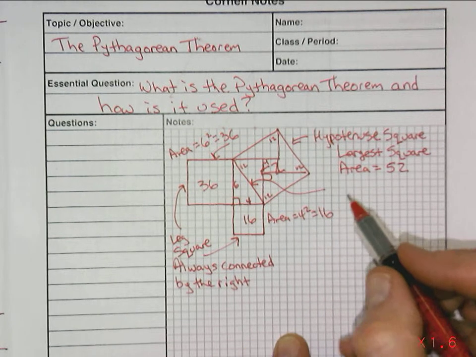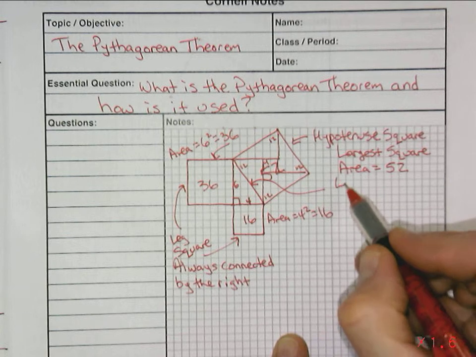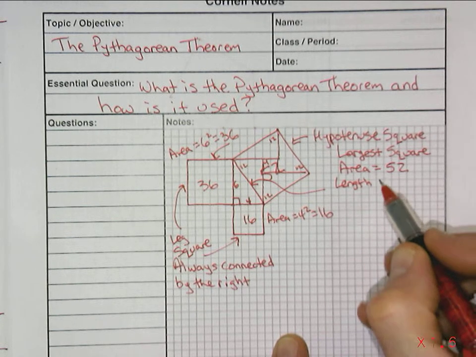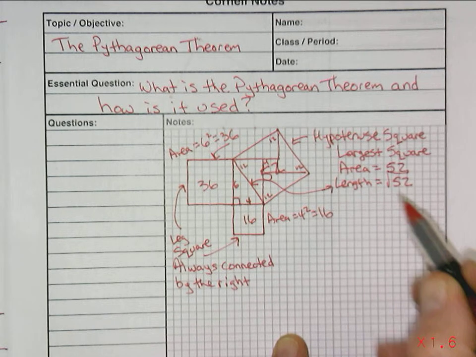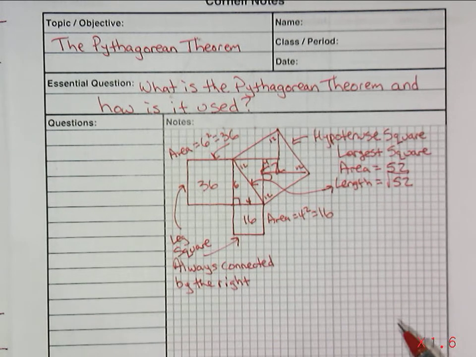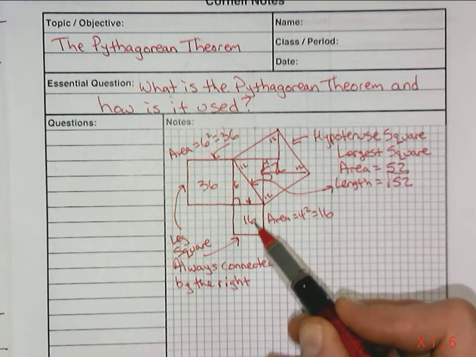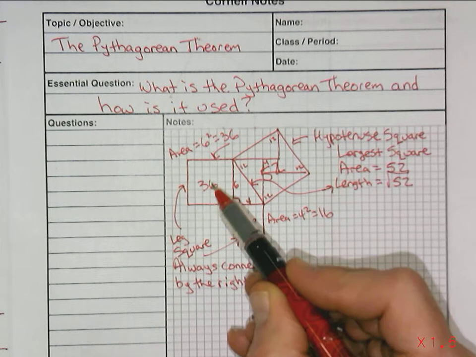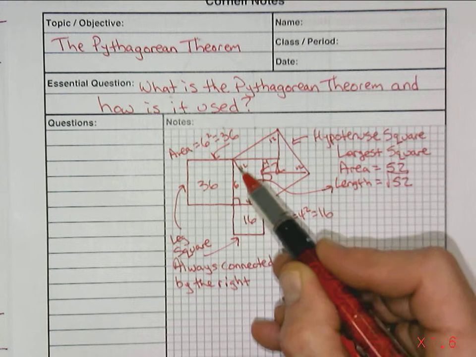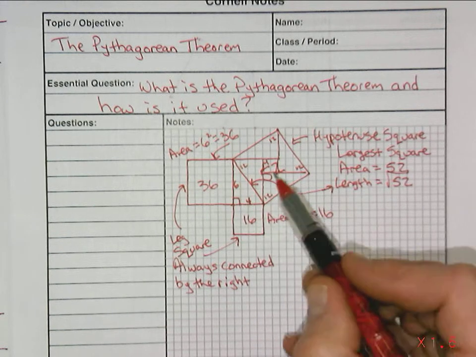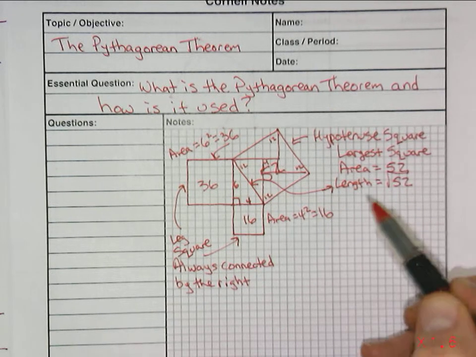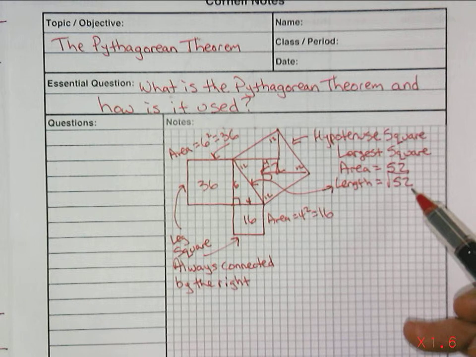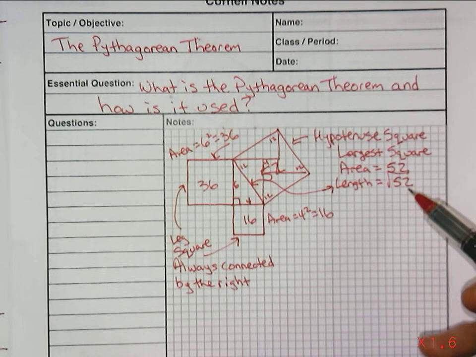That hypotenuse side length has to be the square root of 52, because we know that if the area of the square is found, then the side length is the square root of the area. Just like 4 is the square root of 16 and 6 is the square root of 36, the side length is the square root of the area. So this side length is whatever the square root of 52 is. And since it's not a perfect square number, we just leave it as the square root of 52. We could simplify it, but for now we're just going to leave it as the square root of 52.